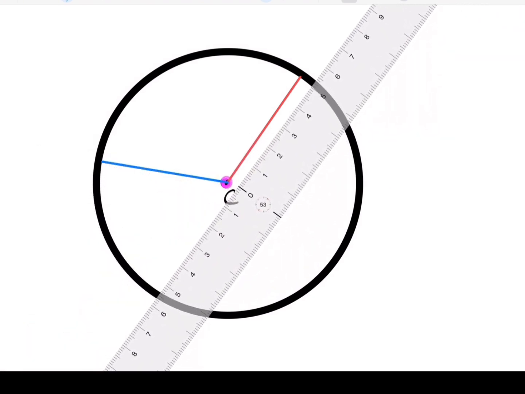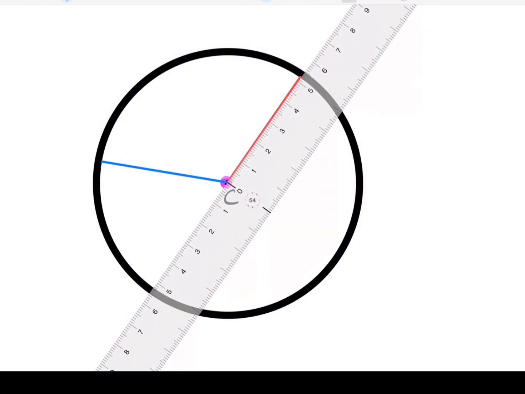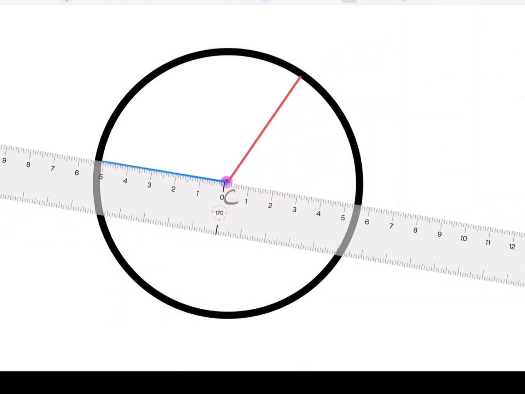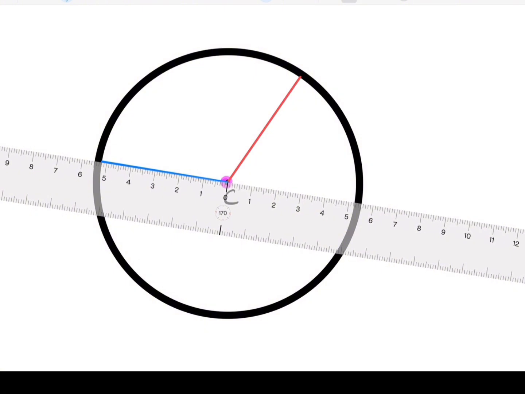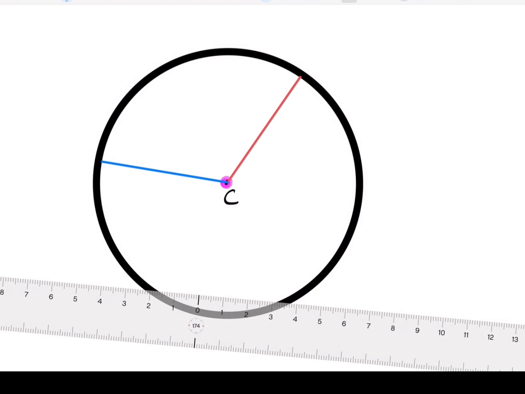So, measuring the red line, this is about 5.2 centimeters, right? Then measuring the blue line, this is about 5.2 centimeters too, right? So this proves that the center is equidistant from any point on a circle.